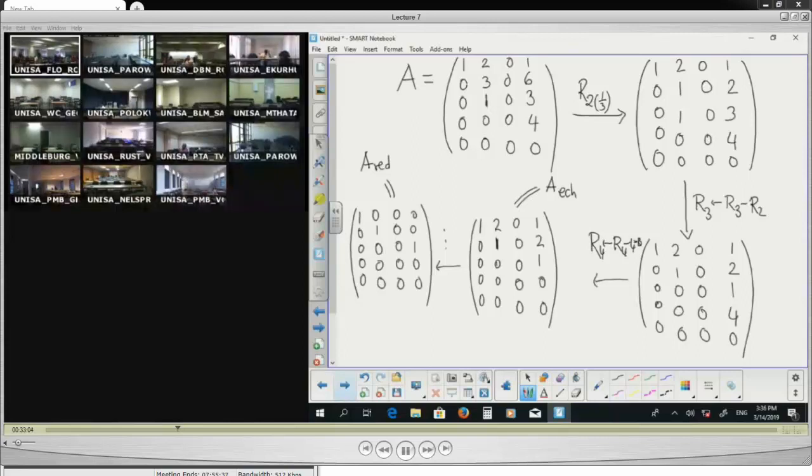Sorry, sir, I'm unable to see where you're pointing. Which matrix are you pointing at? A red.